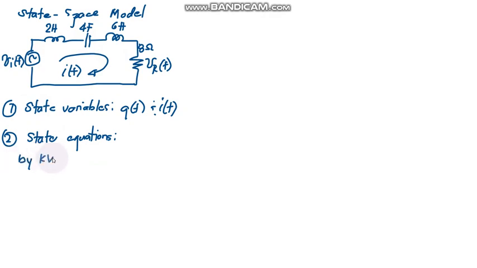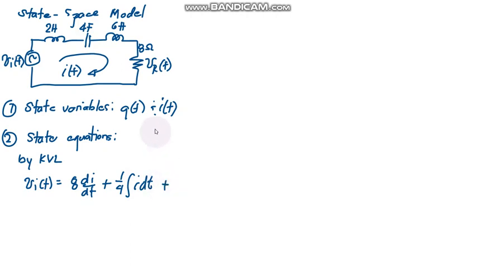So by KVL, Kirchhoff's voltage law, we will get VI of T to be equal to, let's combine already the two inductors. So we're going to have 8 di over dt, plus for the capacitor, 1 over 4 integral of I dt.